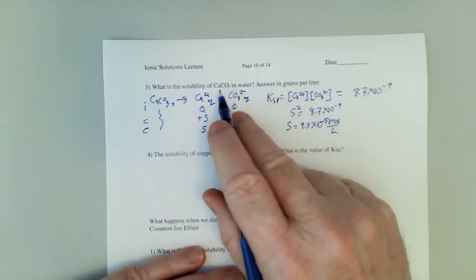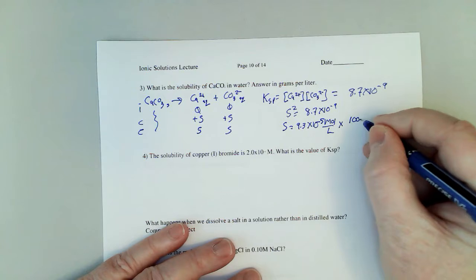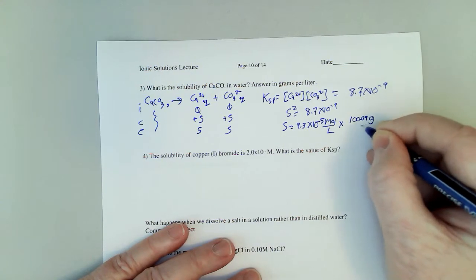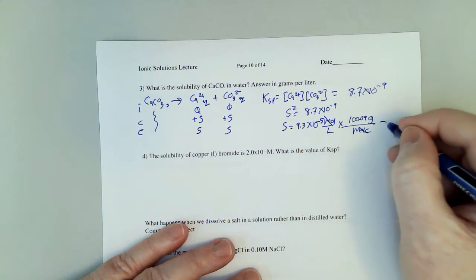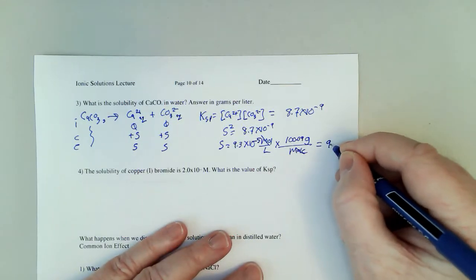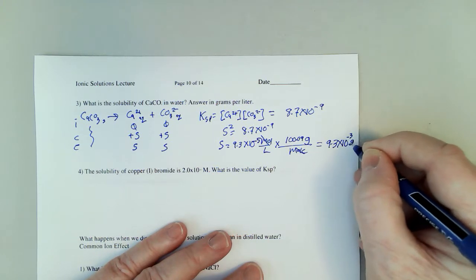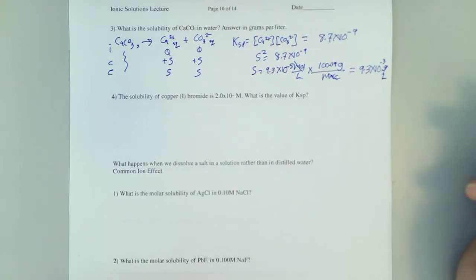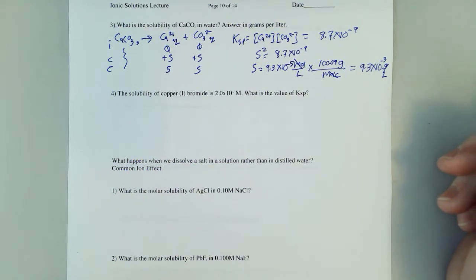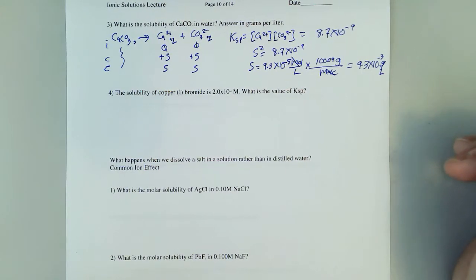Now, the molar mass of calcium carbonate is 100.09 grams per mole, so I'm going to multiply this by that. The moles cancel, and I get 9.3 times 10 to the negative third grams per liter. So that tells me how many grams of something can dissolve in 1 liter of distilled water. That's a good skill to have.